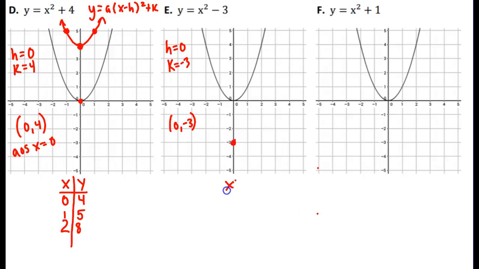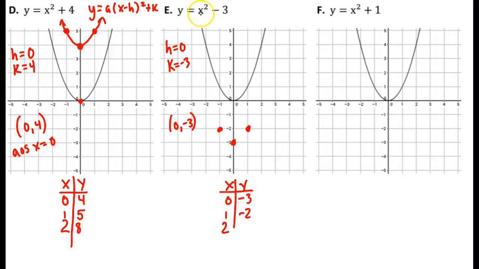And again, if I choose points, 0, 1, and 2, we already know that 0 is going to be -3 because 0 times 0 is 0. Minus 3 is -3. When I plug in 1, 1 times 1 is 1. Minus 3 is -2. So I have 1, -2, which also means I have -1, -2.